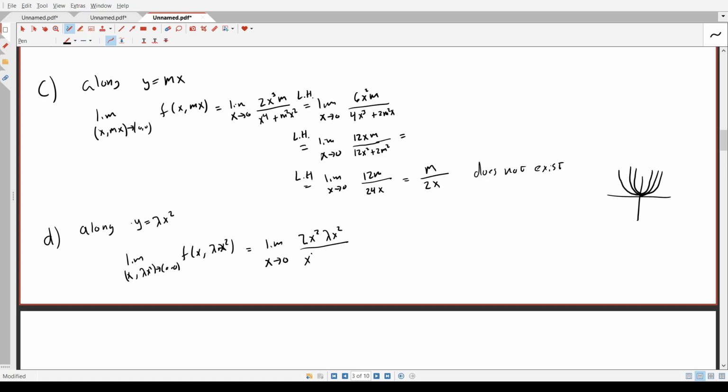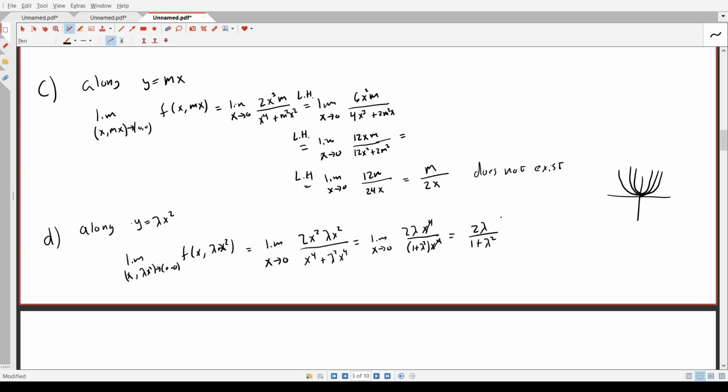Here I have x to the fourth plus y squared, so that's going to be lambda squared x to the 4. So here I have 2 lambda x to the 4 over 1 plus lambda squared x to the 4. Those cancel out, and I get just 2 lambda over 1 plus lambda squared.